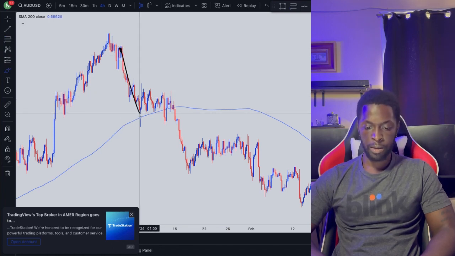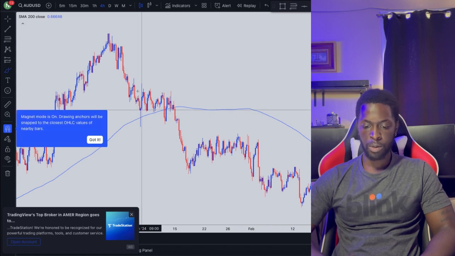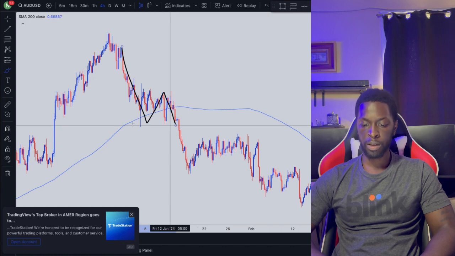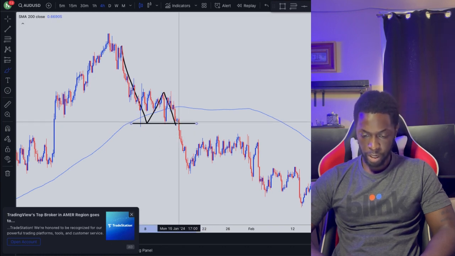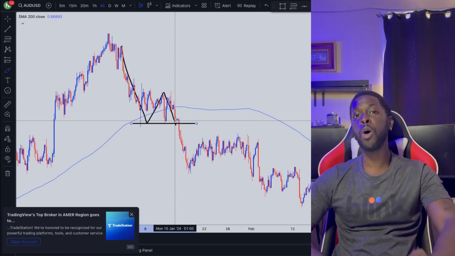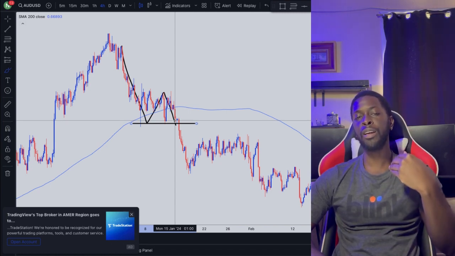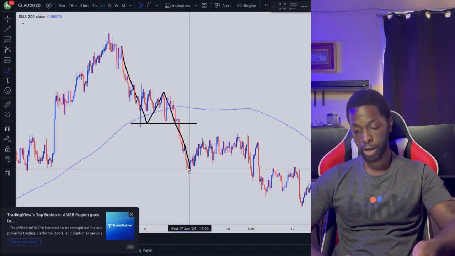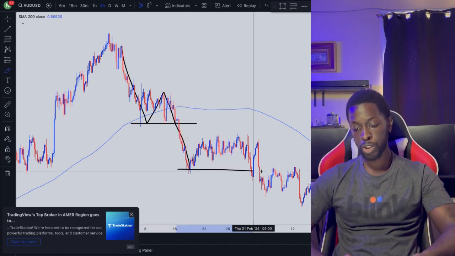We have a high. We have a low. This is a swing low. So we have a swing high, swing low, swing high. The low is right here. Once we break this swing low and create a new swing low, which is what we're doing right here. This is now your new swing low.